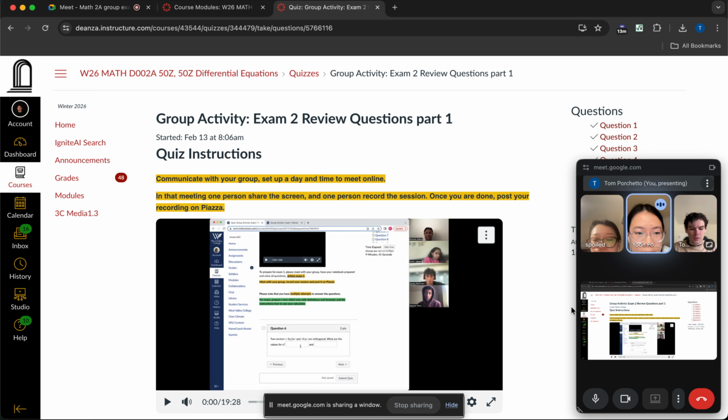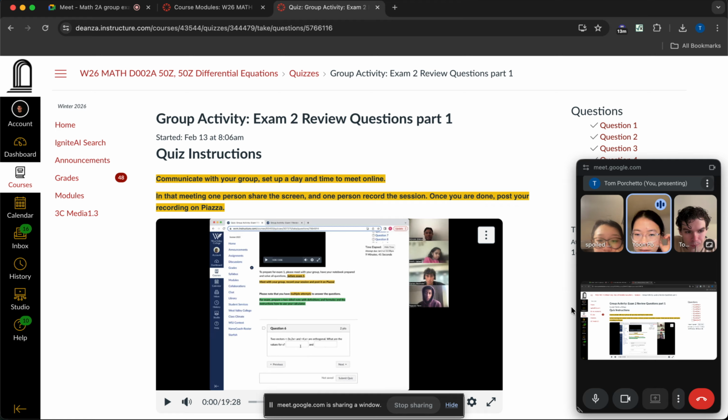Question 8 is asking whether it's an example of exponential decay or not. The question is asking about the number of bacteria growing. For exponential growth, if k is greater than 0, then that would be exponential growth.